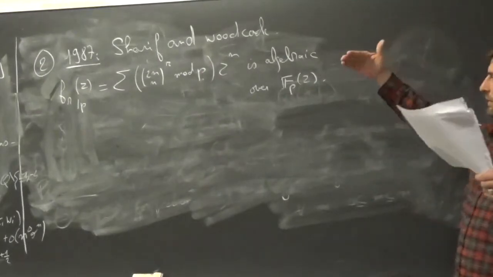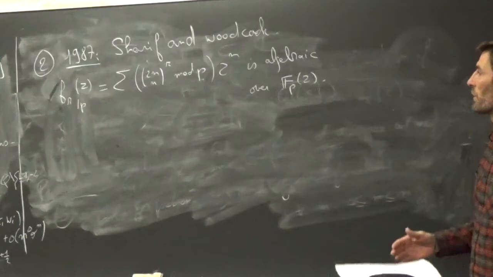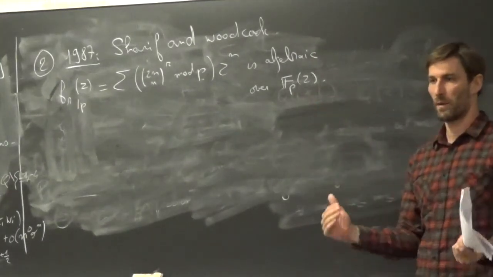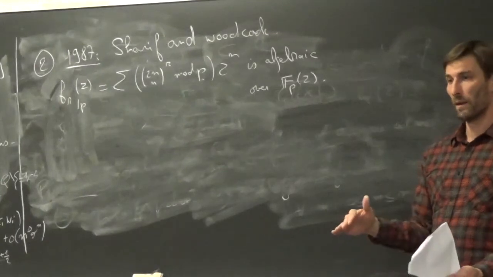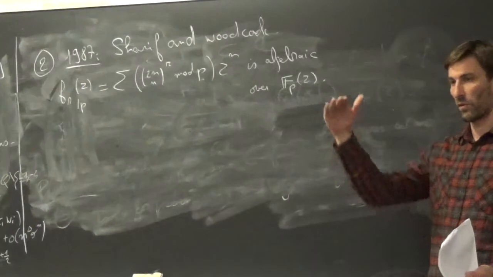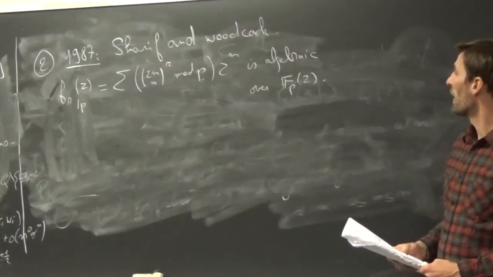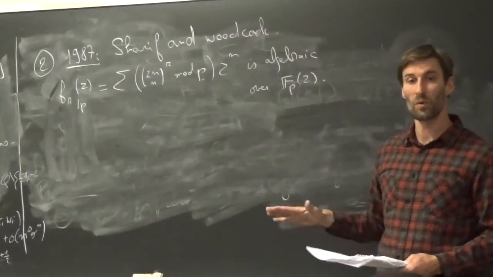If you have an algebraic series, it satisfies an algebraic equation. If you reduce modulo a prime, you will get something algebraic, but the degree remains the same for almost every prime. So they prove that this thing is algebraic, but the degree is not bounded.